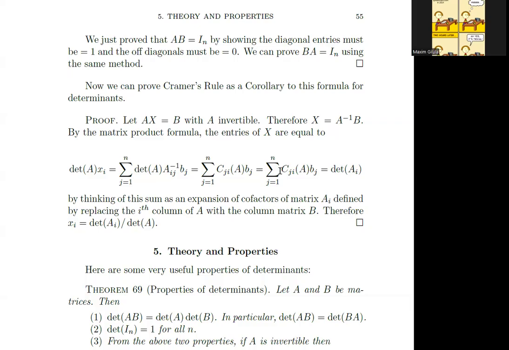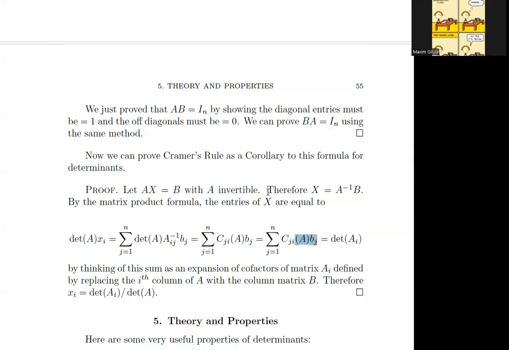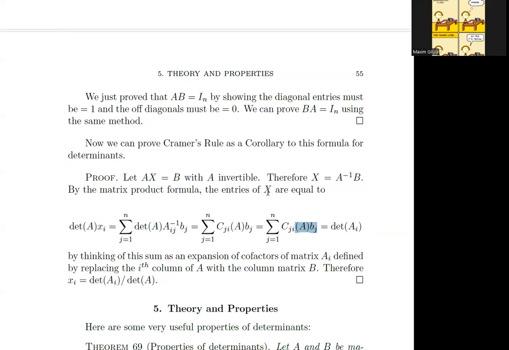But this is just the formula for determinant of Ai, because you could think of it as the sum of an expansion of cofactors of Ai just by replacing the ith row with b, or with b, I mean. So that's it. I mean, it's very similar to this idea up here, but with the ith column of C, or with the ith column of A.